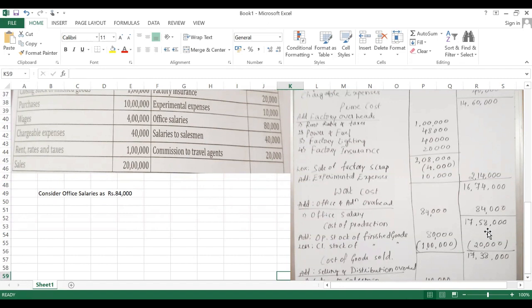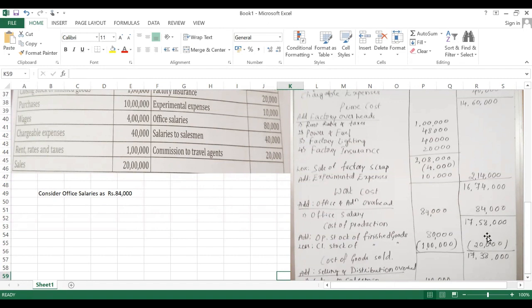So once the calculation of cost of production is done, next you need to check: is there any opening stock and closing stock of finished goods? Yes, in this case, they have given the opening stock of finished goods as 80,000 and closing stock of finished goods as 1 lakh. There is no need to put it in the outer column.